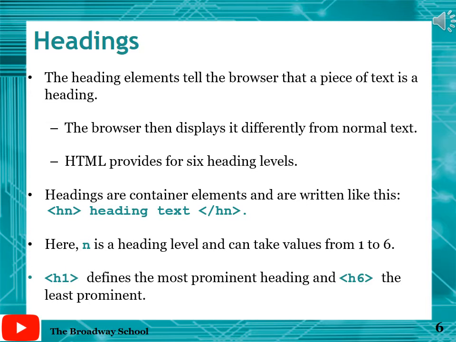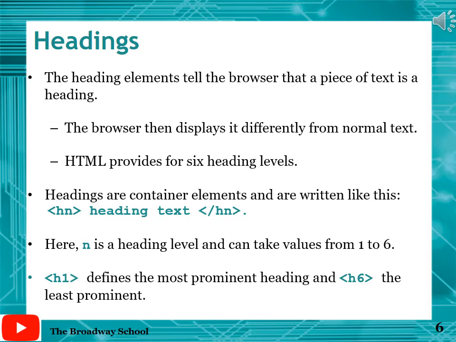Headings. The heading elements tell the browser that a piece of text is a heading. The browser then displays it differently from the normal text. HTML provides 6 heading levels. How many heading levels do we have? 6 heading levels.